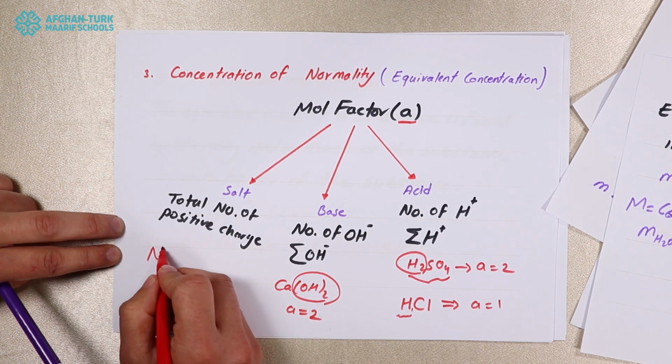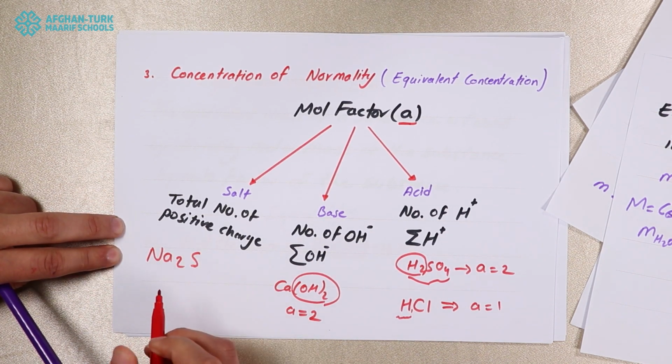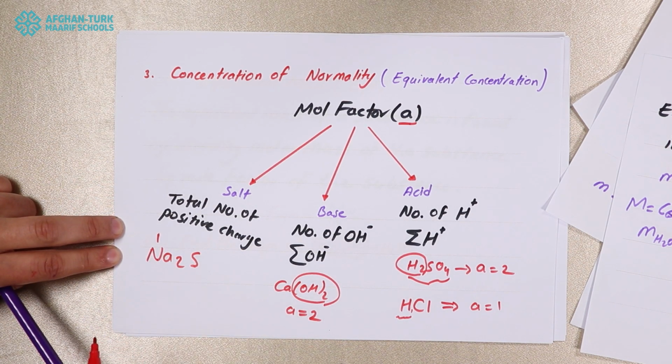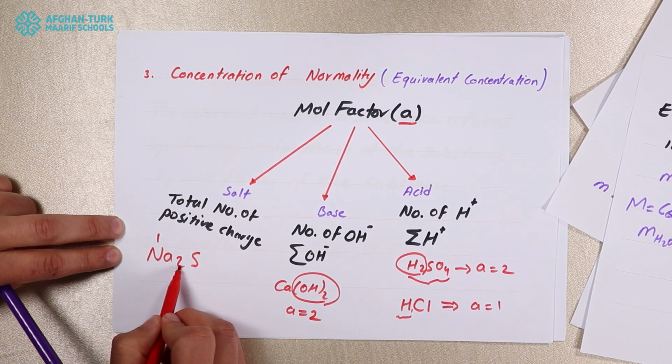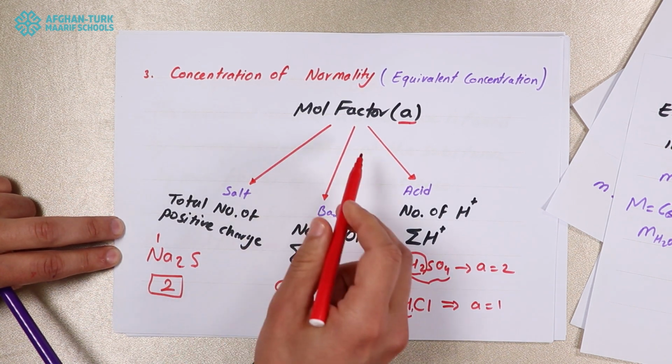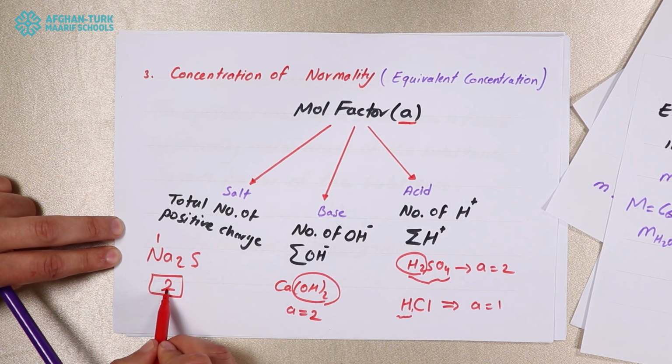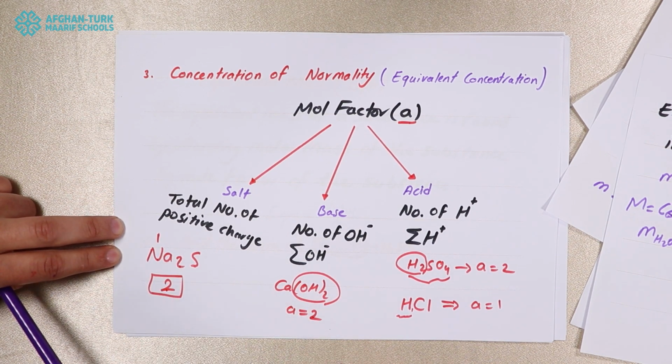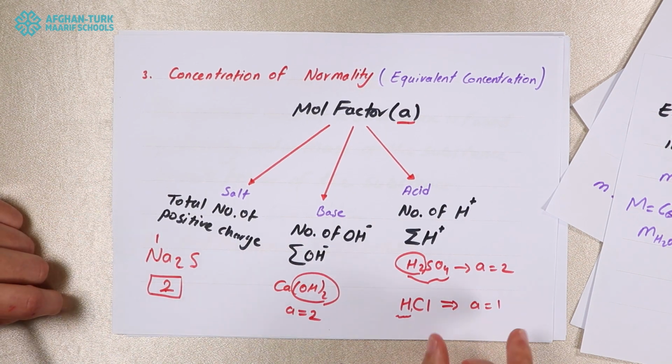For example, sodium sulfide: the valence of sodium is 1 because sodium is in the first group, and 2 times 1 is equal to 2. The mole factor of sodium sulfide is 2, calcium hydroxide is 2, and for sulfuric acid and HCl, I chose them as examples.